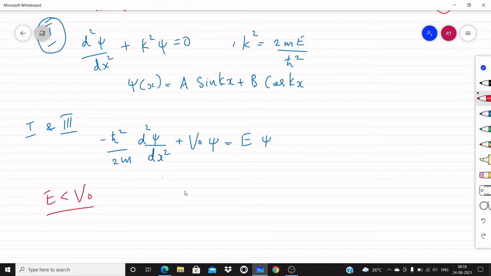There are two possibilities, either E less than V0 or E greater than V0. But the normal thing is that E is less than V0. There is no chance for the particle to attain an energy E greater than V0. If by any means it acquires some energy, then we can consider this case. So our first consideration is for E less than V0.